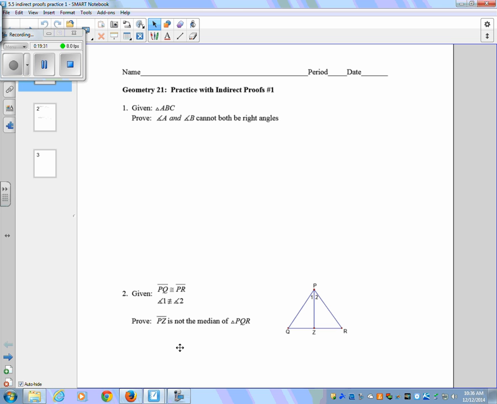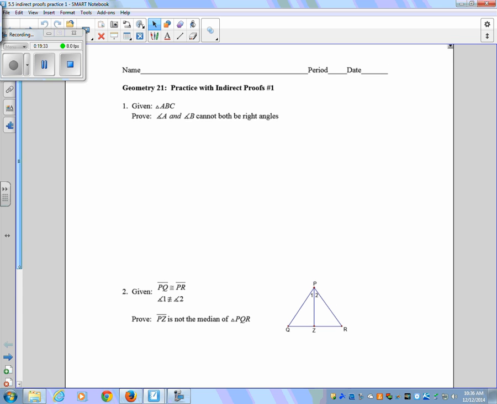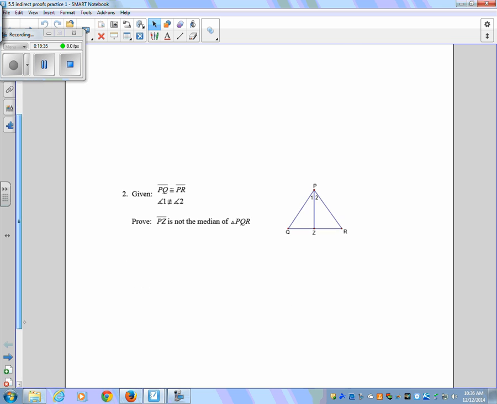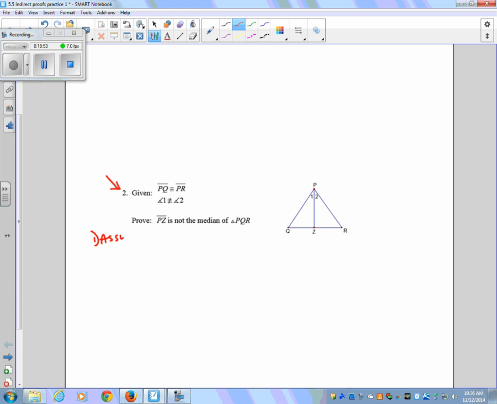I'd like you to actually copy down this proof here. Copy it down on a piece of paper. Try to do it yourself, as part of your homework, and then bring it in and we'll see how you did. Follow the steps. First, assume the opposite of the proof.